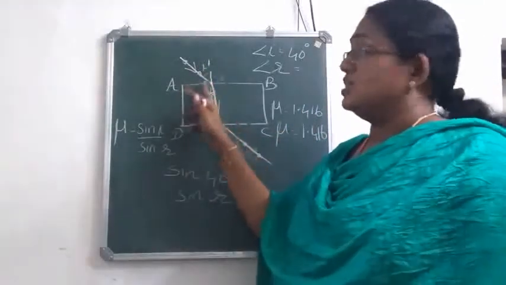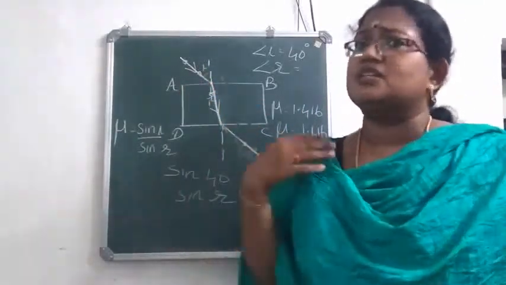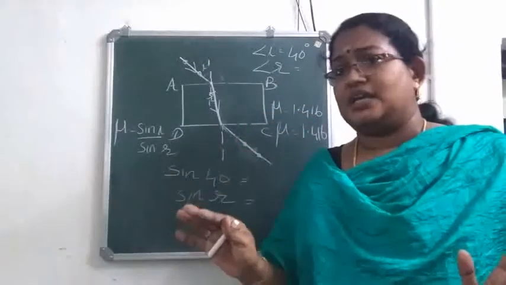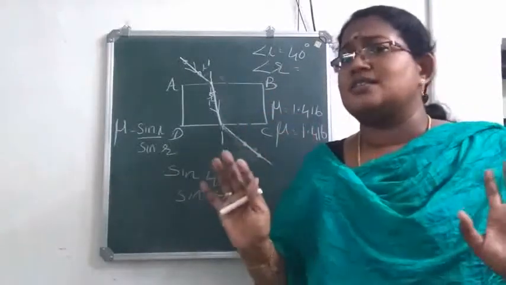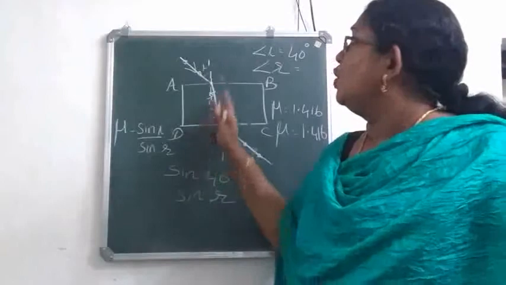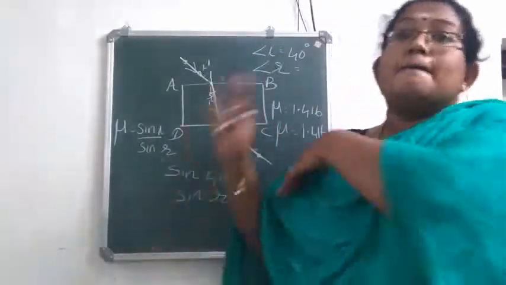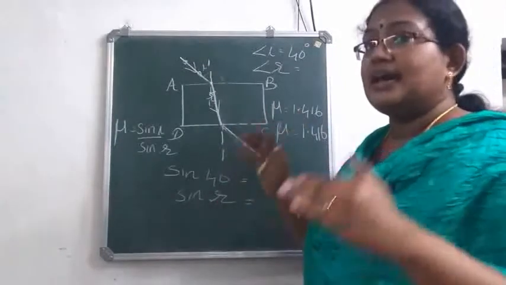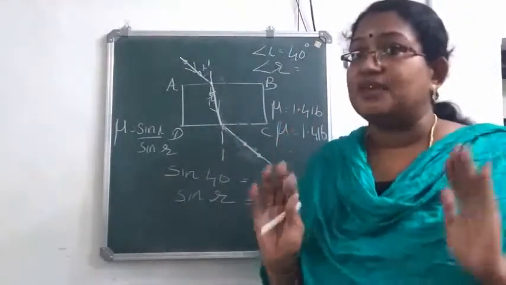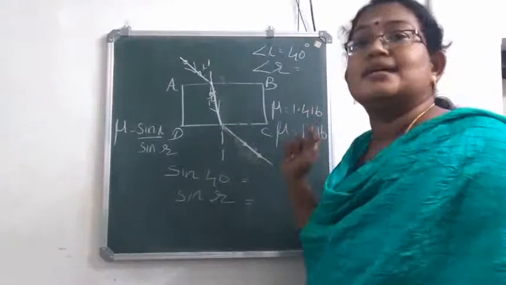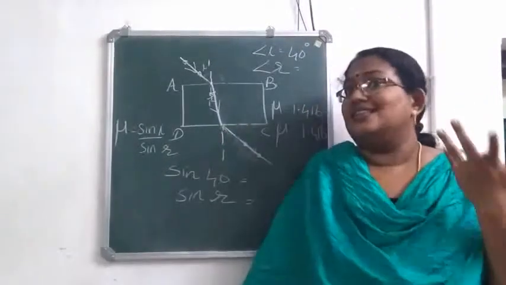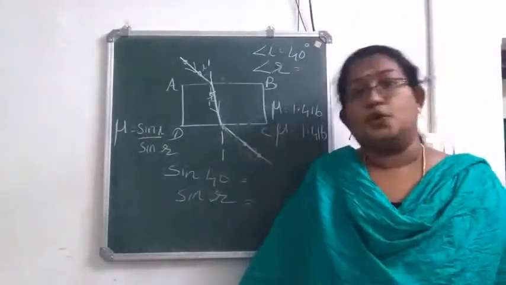We can repeat the experiment with different values of angle of incidence. In all the cases, the value of I, R, sine I or sine R will be different, but the value sine I by sine R or refractive index will always be a constant. And this is our Snell's law.